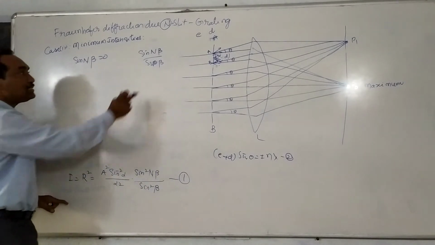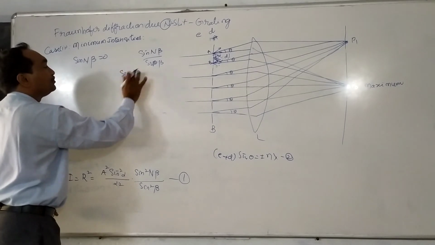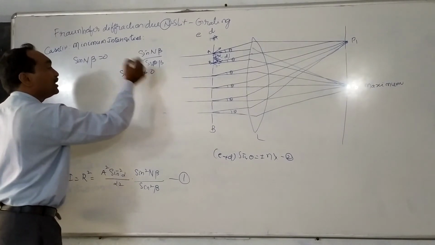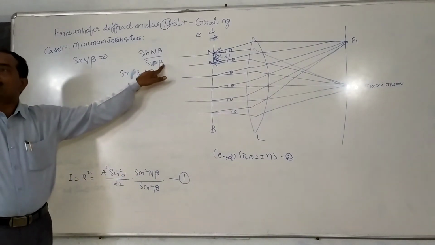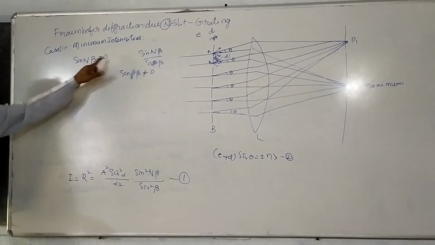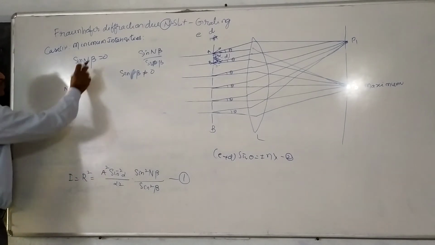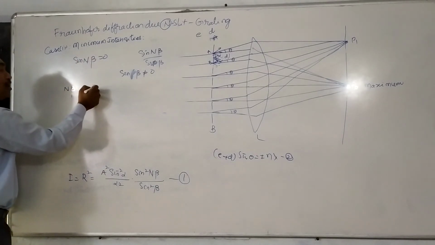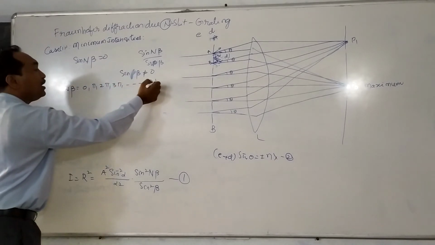But one case is sin beta is not equal to 0, because sin beta equal to 0 is the condition for principal maximum. So sin n beta is equal to 0 means n beta is equal to how much? As usual, sin 0 is 0, pi, 2 pi, 3 pi, 4 pi, and so on.